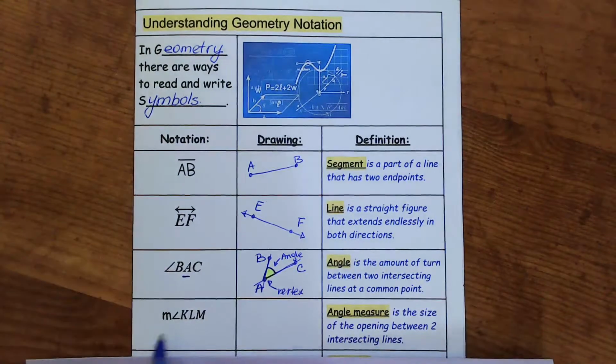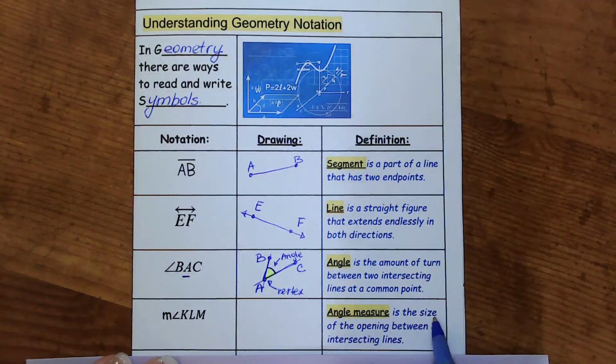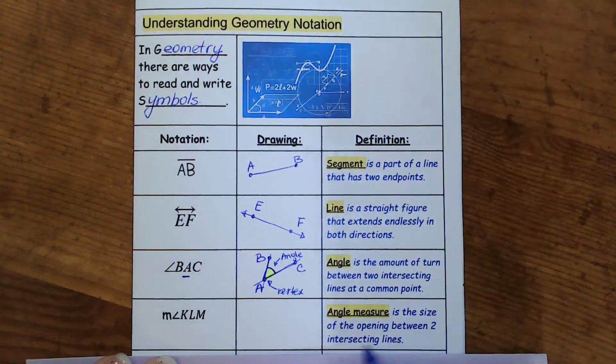When you see a little m, that's the exact measure of angle KLM. Angle measure is the size. So when we see this little m, that's the actual size of the opening between two intersecting lines.